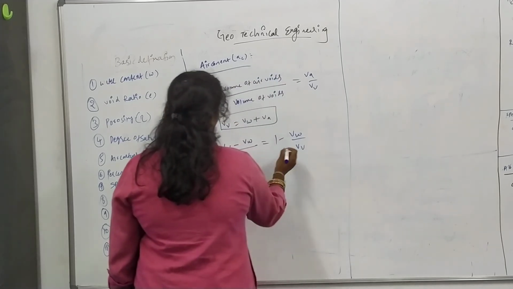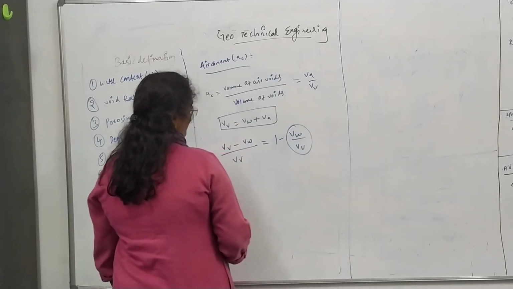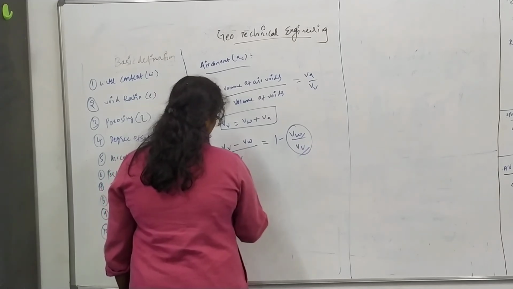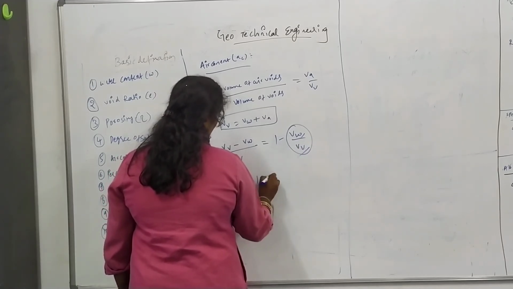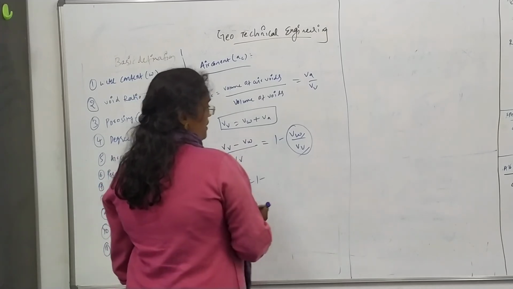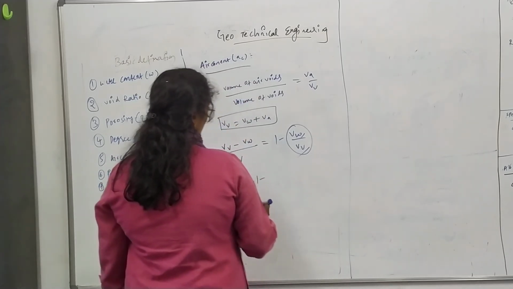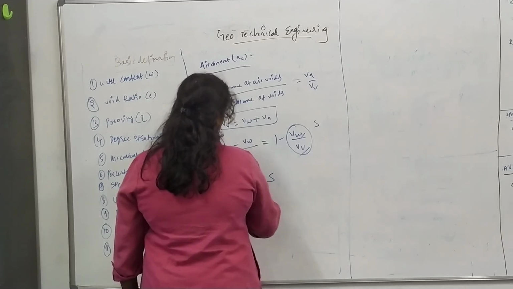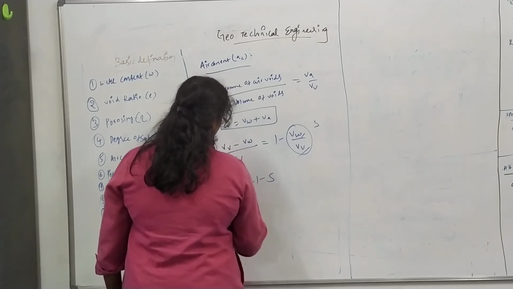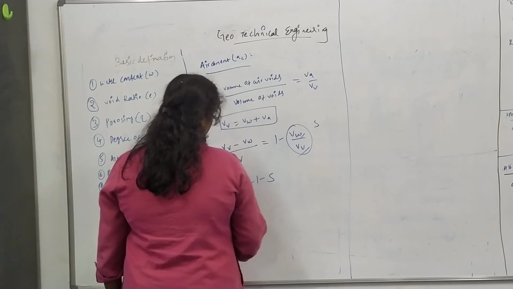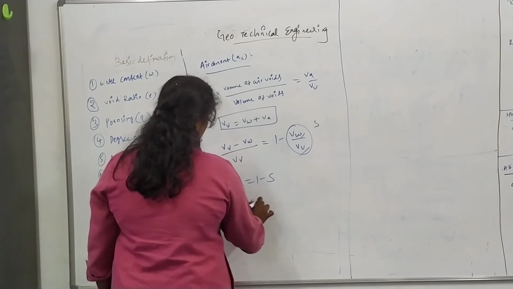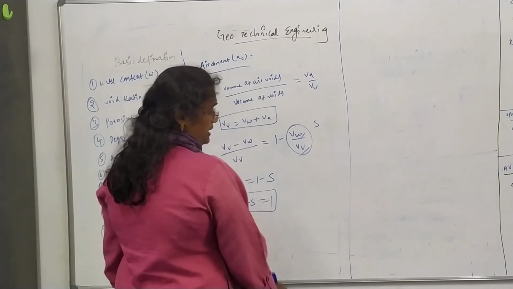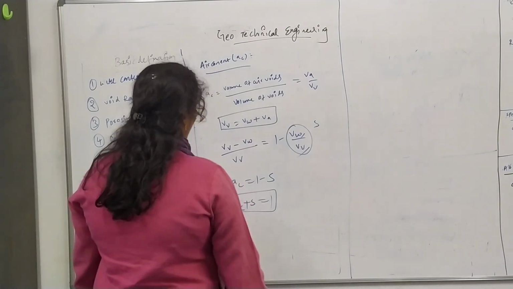Volume of water by volume of voids is the degree of saturation S. So AC is equal to 1 minus S. If we take air content plus degree of saturation, it will be 1.